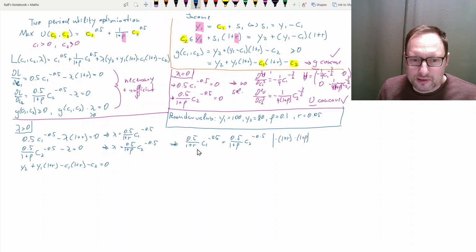Then we get the 1 plus r and the 1 plus rho out of the denominator. Let's also multiply through by C1 to the 0.5 and by C2 to the 0.5, because then we're losing the negative signs on the exponents.